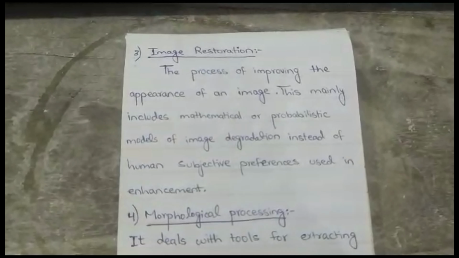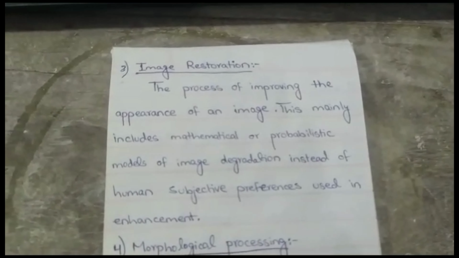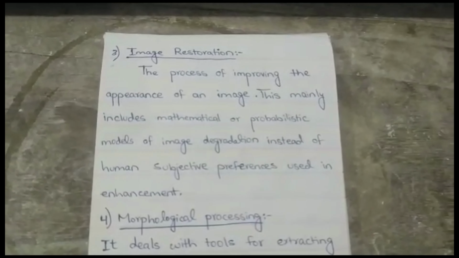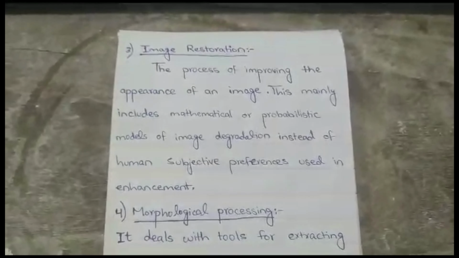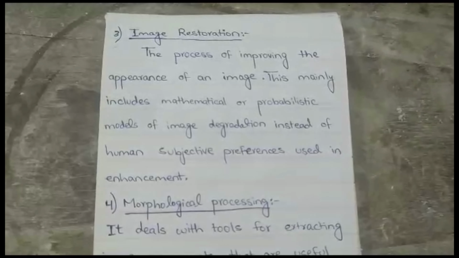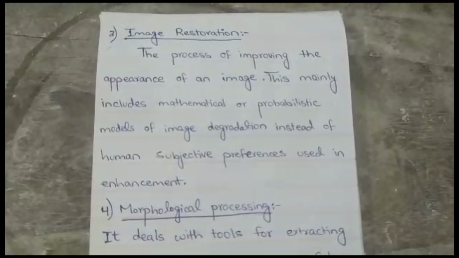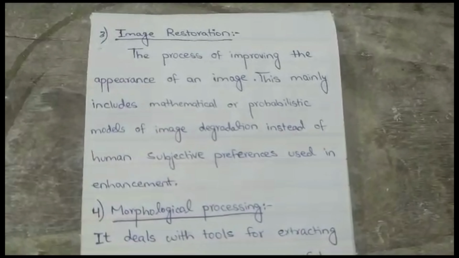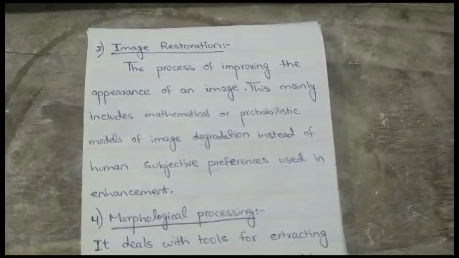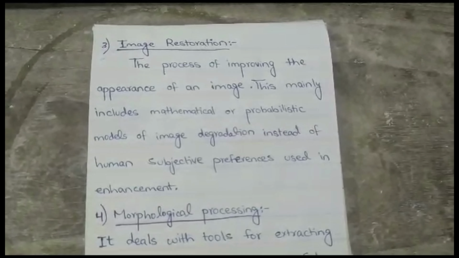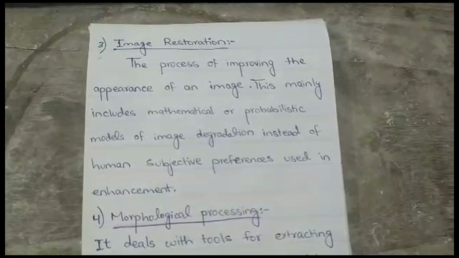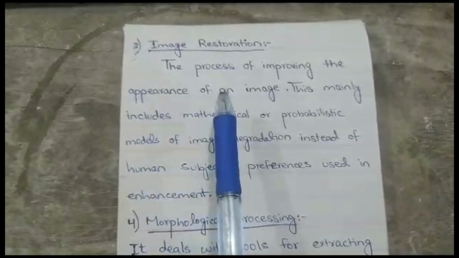Then comes image restoration. As I told before, if your image is damaged, you can restore it by going through this block. It includes the process of improving the appearance of an image.